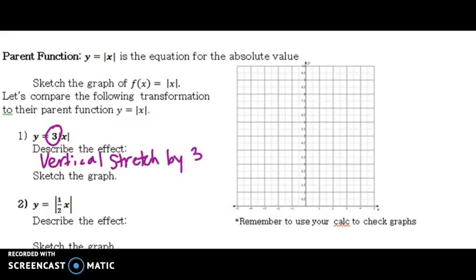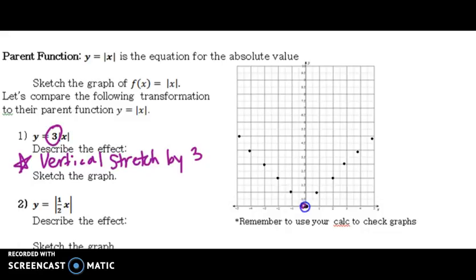So in purple, I'm going to graph this. Now remember that the normal graph for absolute value starts at the origin and it goes over 1, up 1, over 1, up 1. I'm just going to leave these black dots here to show you the normal parent function. If we're doing this one in purple, the vertical stretch is going to keep it going over 1, but it's going to make it go up 3 instead of up 1.